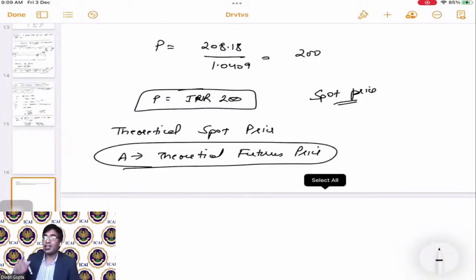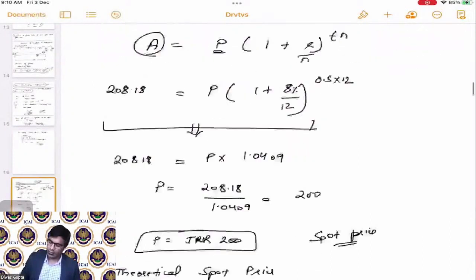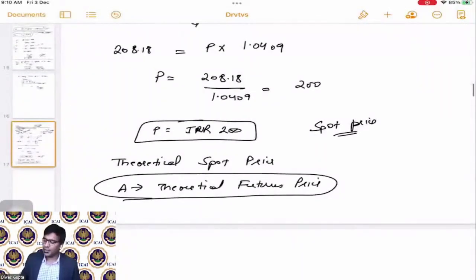This we will use in hedging and speculation, those two techniques. But I'm just telling you that it is just a theoretical spot price because it is coming out from a formula. I hope this is clear.